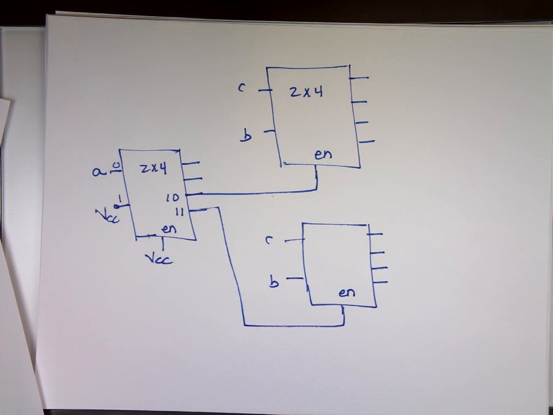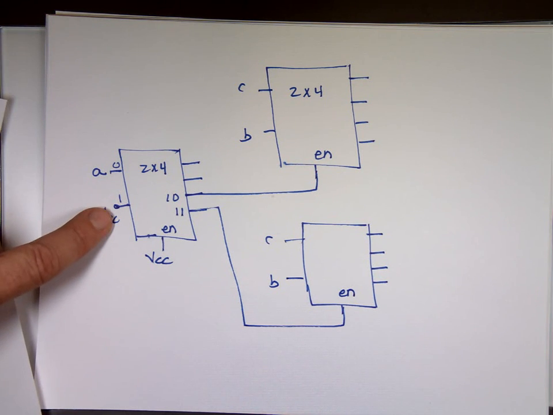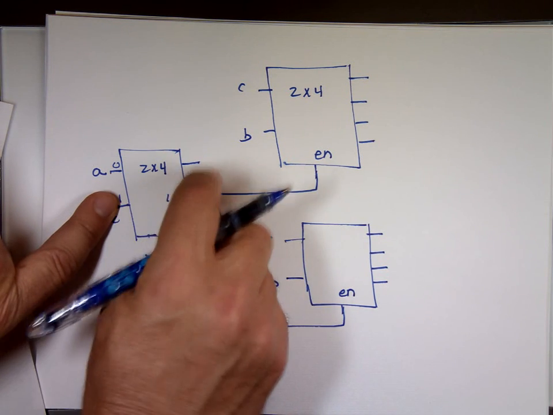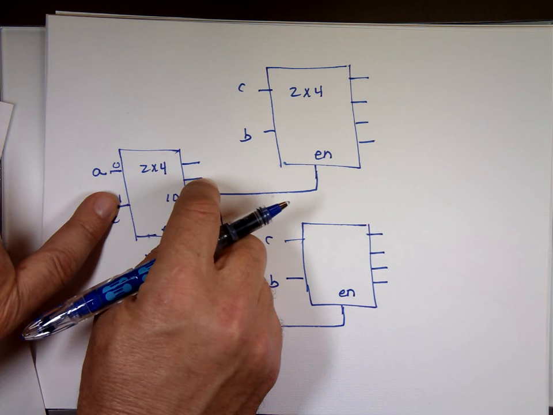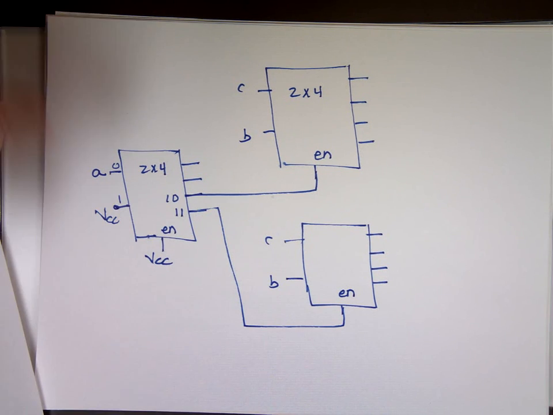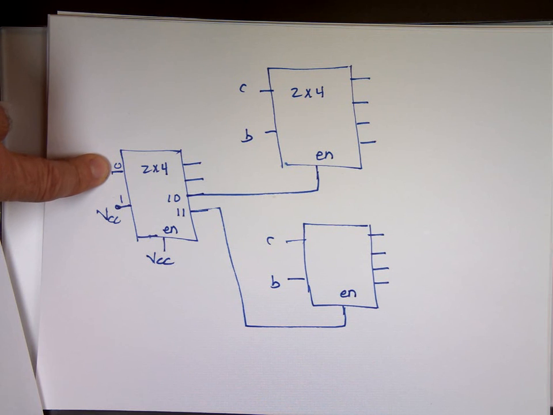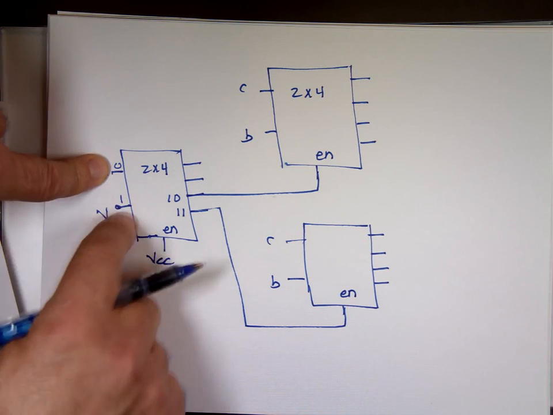Instead of VCC, if you attach ground here, 0, then these two become your chip enable, 0 and 1. If you decide to attach the ground to this one or VCC to this, that'll be 0, 1, that's pin 2, and 1, 1, pin 3.